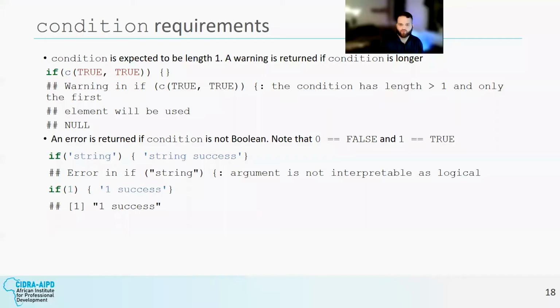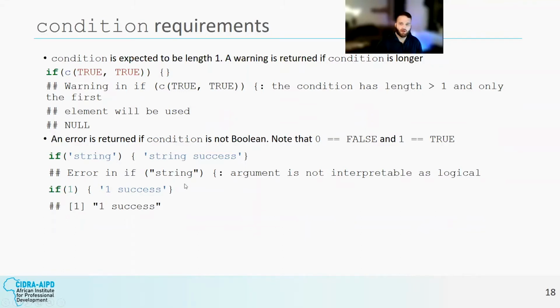Along with that, an error is returned if condition is not a Boolean. The only time that this won't be true is if we put a 0 or a 1. So 0 will mean false and 1 will be the same as using true. So if we look at this example here, if we for some reason put a string in an if, it's going to return an error.